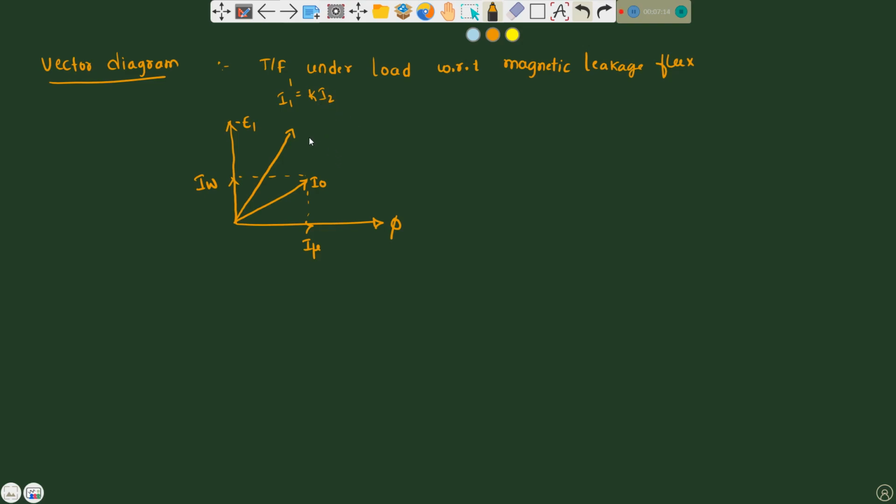The resultant of I1 dash and I0 will give you the I1 vector, the total current. As we have just discussed, due to the leakage flux there will be a leakage current, and that leakage current will be in phase. Here this is I1 dash, and the secondary winding current will be exactly opposite to this one, so we are going to draw an I2 here.